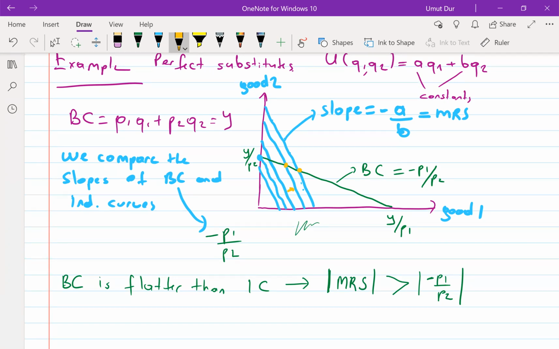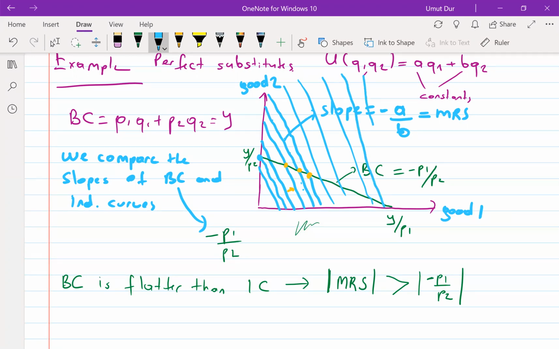If I move away from the origin, the higher the indifference curve, the happier I am, and I can still achieve higher utilities. For example, there is another indifference curve here with higher utility. If I continue drawing my indifference curves, I can still be on the budget constraint up until this point. So this will be my optimum.